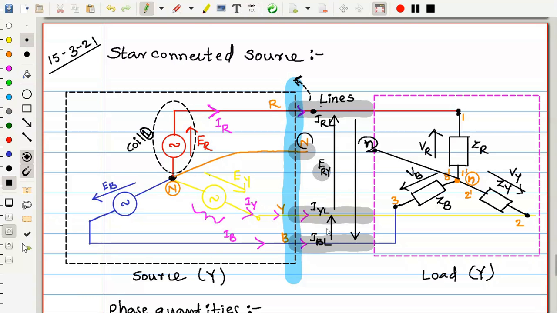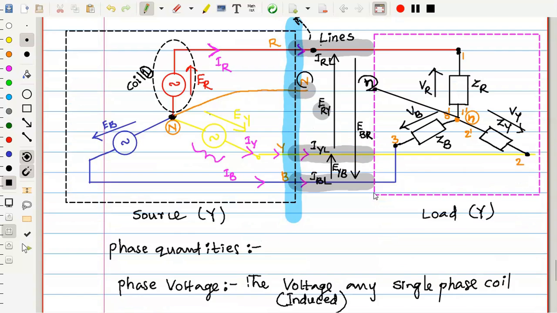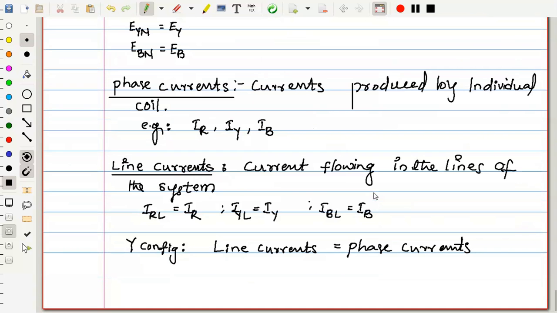Similarly, Y to B: Y, B. Carefully observe these notations. These are very important to be followed throughout your career. One more is B to R: B, R. So let me write these line voltages first.